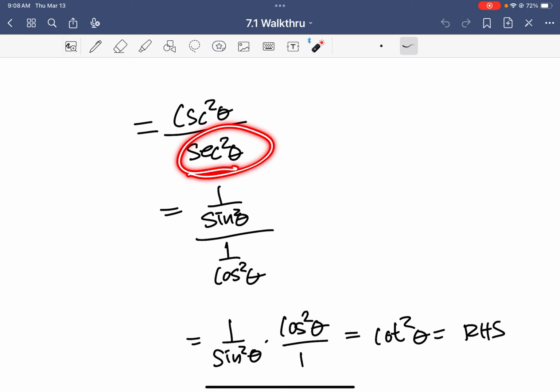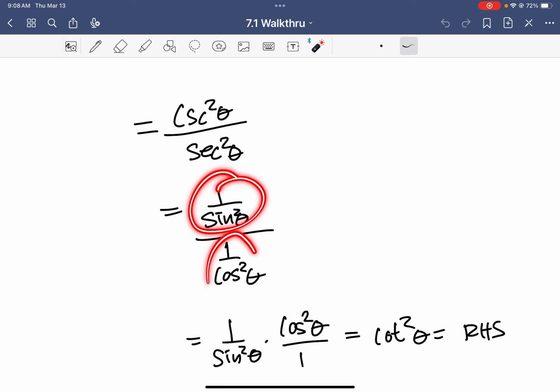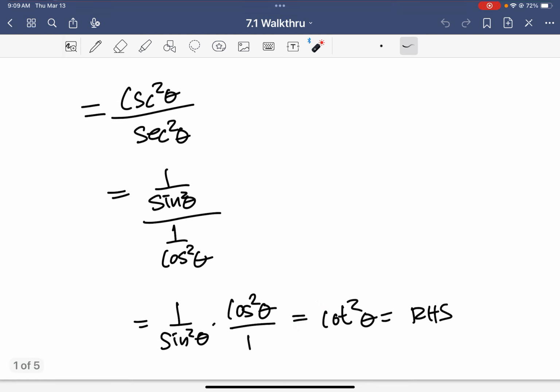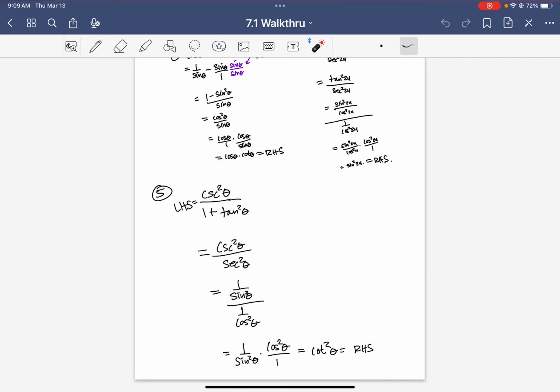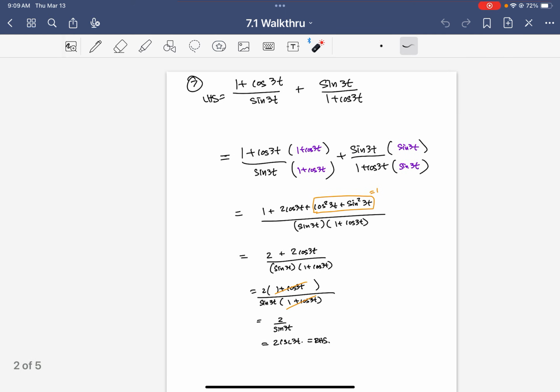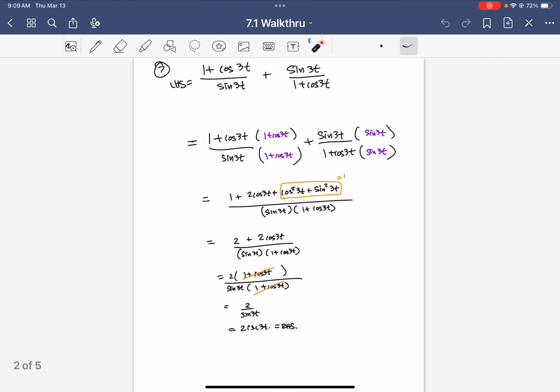And secant is 1 over cosine, so secant squared is 1 over cosine squared. This divided by this is just another keep, change to multiplication, and flip, and I end up getting exactly what I want because cosine over sine is going to give me my cotangent that got squared. So much of this is having your identities memorized, as you can see.